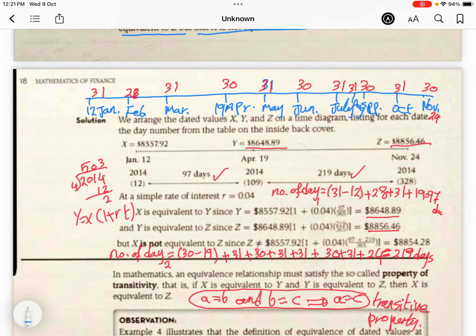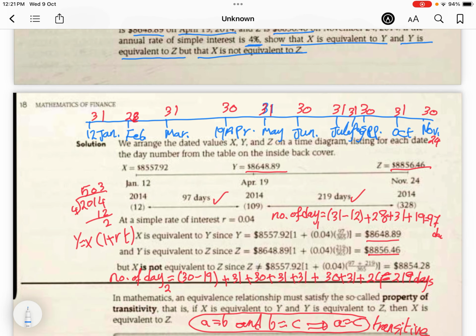Here, make a graph of the timeline from January till November. We arrange the dated values X, Y, Z on the time diagram, listing for each date the day number from the table on the inside back cover.